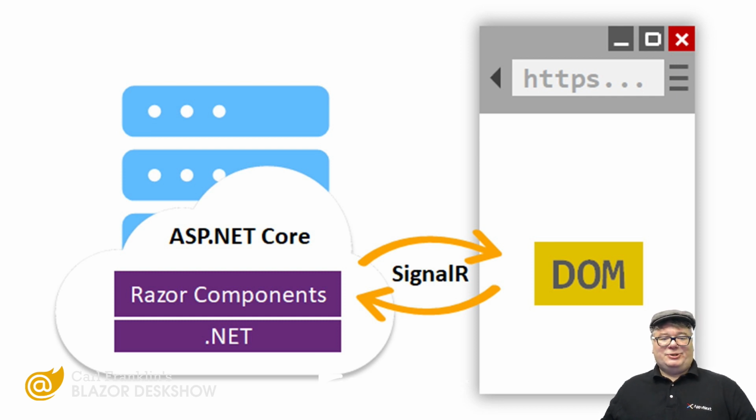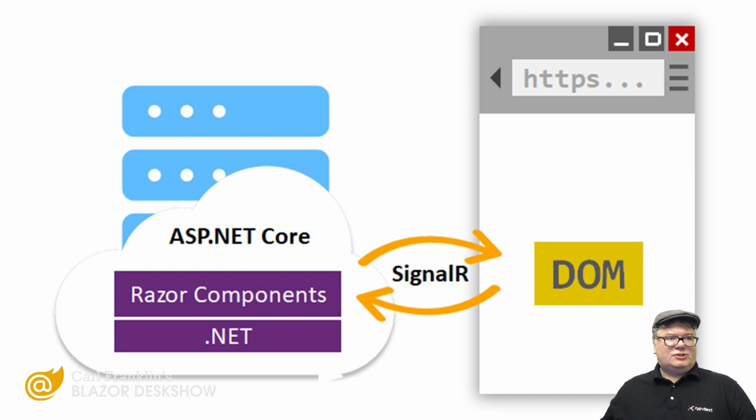SignalR is canonically used for chat, right? Or notifying all the clients that something has happened. Well, in this case, the SignalR hub is just for UI updates, right? So it's just going back and forth between the server and the browsers.